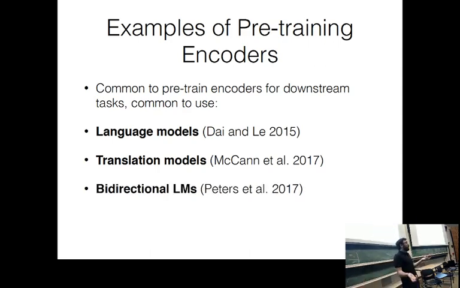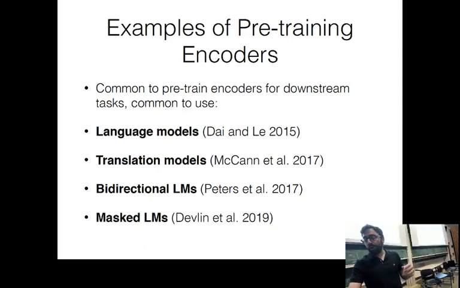And then ELMo came out and they were using bidirectional language models. The improvement here is that you learn those contextualized representations, right, that we talked about a month or two ago. And finally with BERT, you have a different objective, which uses the transformer, and you have the masked language model.